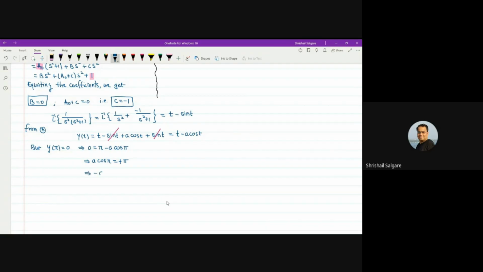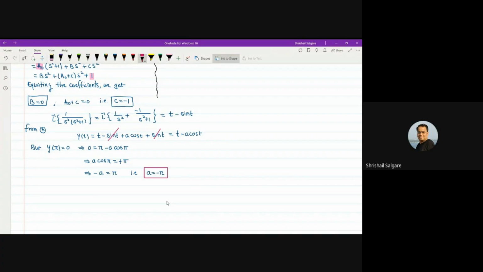So my cos of 180 degrees is minus 1, so a is equal to minus pi. That answer you are getting here: a is equal to minus pi. Verify that. One should verify it's minus, no?